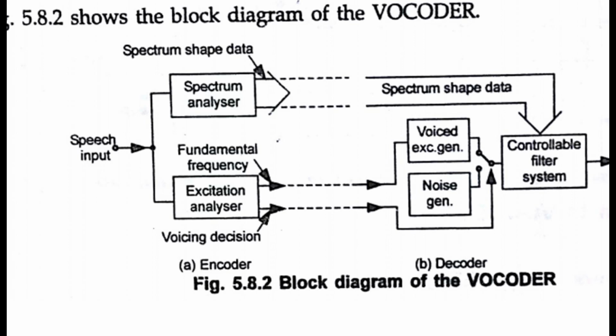Whereas if you consider P, T, K, they are not so loud sounds. They are unvoiced. The pitch is very high in voiced sounds, whereas in unvoiced it is very low. That decision is important while we generate the artificial speech signal, so we extract that information in the excitation analyzer.